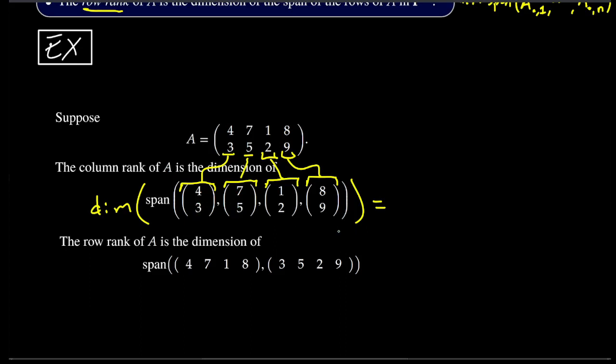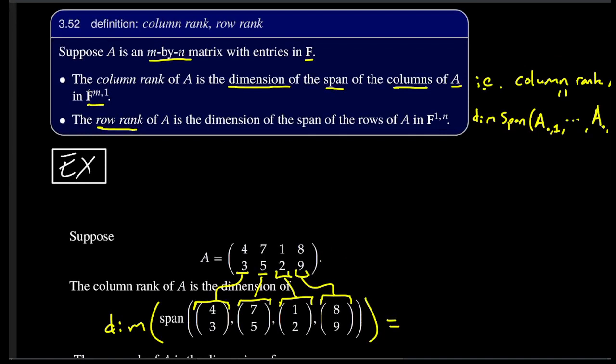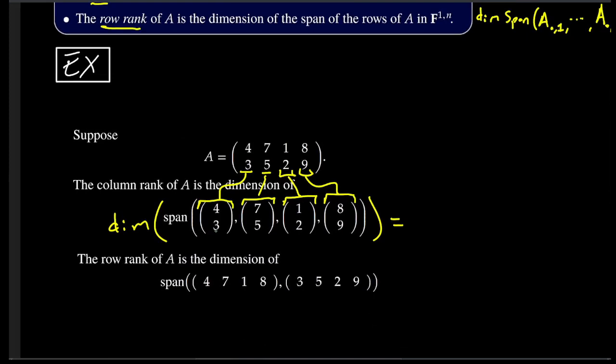But hey, notice there's just two things in any one of these columns. The dimension of that space is 2. So if you think about m here being 2, F^(2,1), the 2 by 1 matrices, we proved last time that has dimension 2 times 1, which is 2. And look, I found a sublist of this list that has 2 linearly independent vectors.